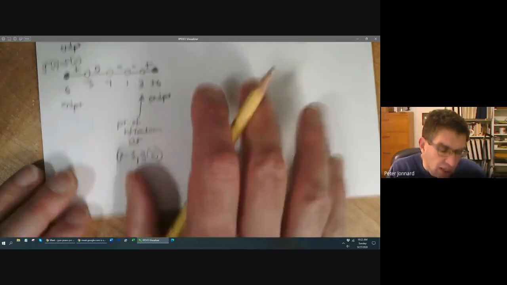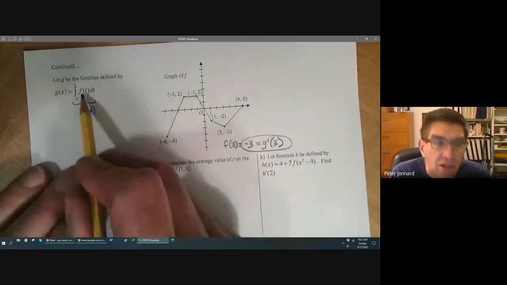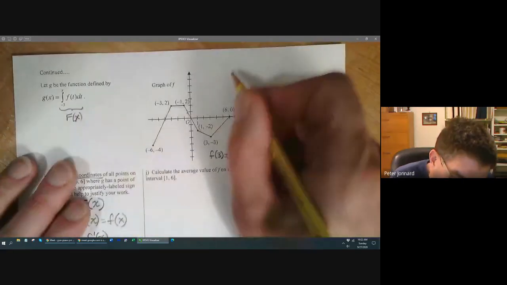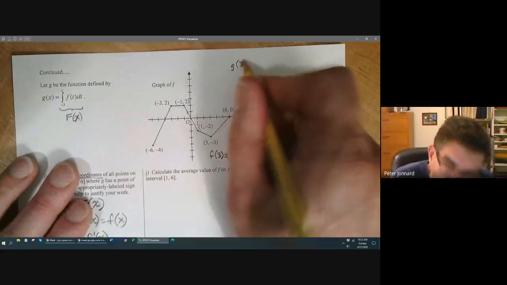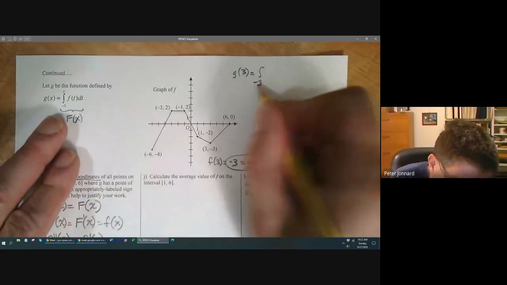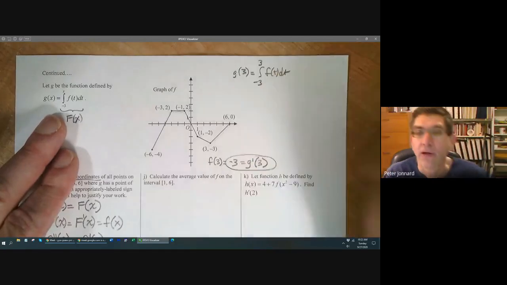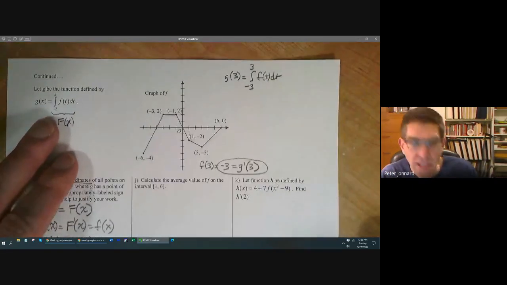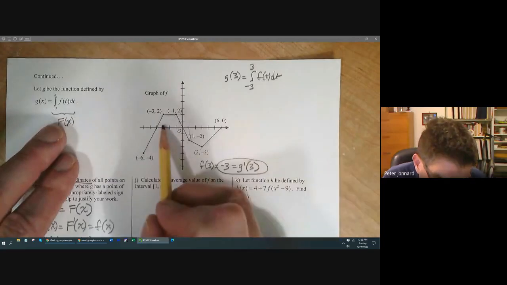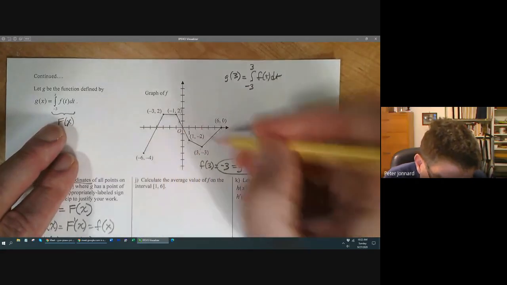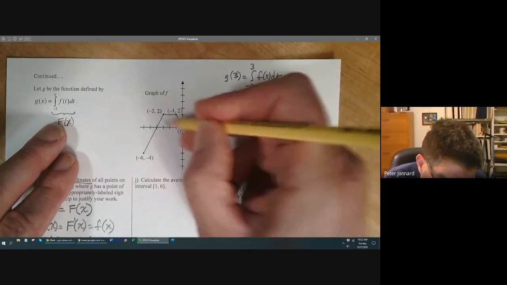Back up here, when we want g of 3, we would simply plug in the integral from -3 to 3 of f of t dt. So we want to integrate from -3 to +3.